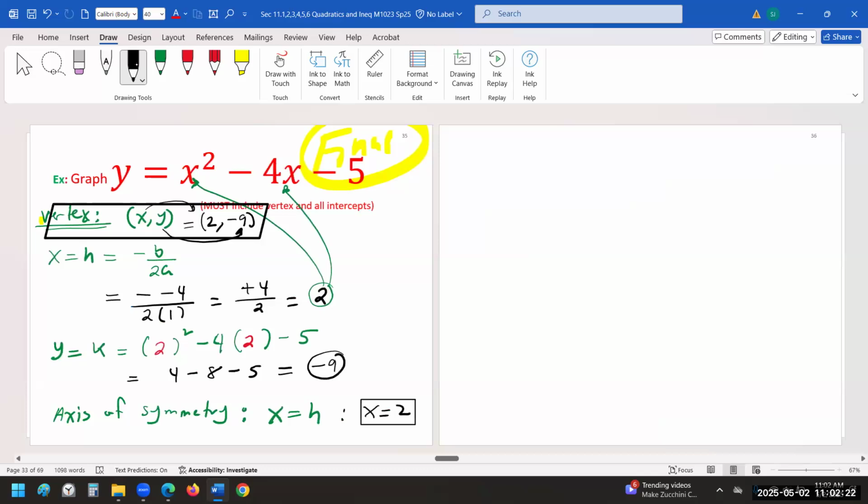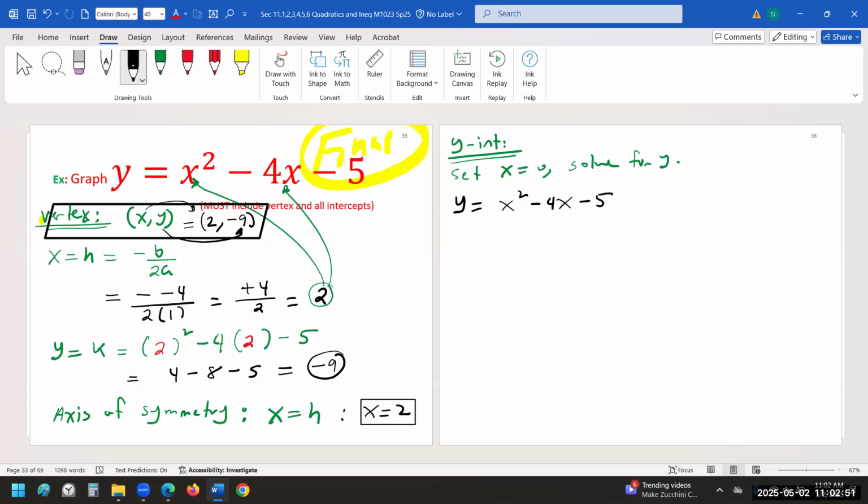Now let's go to find the intercepts. Y-intercept is easy, so let's find the y-intercept first. To find the y-intercept, we set x equals 0 and we solve for y. So equation is y equals x squared minus 4x minus 5. When you set x to 0, this becomes 0, this becomes 0. So we get y equals negative 5.